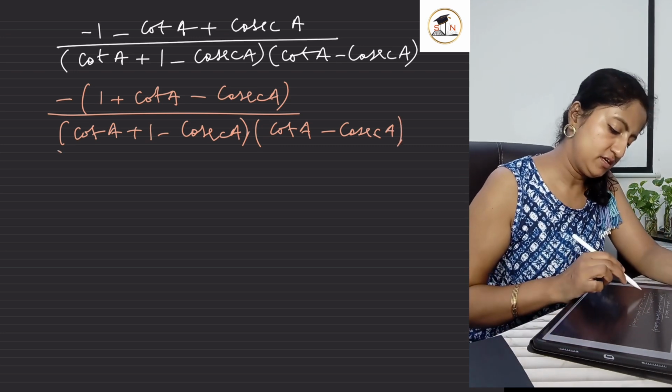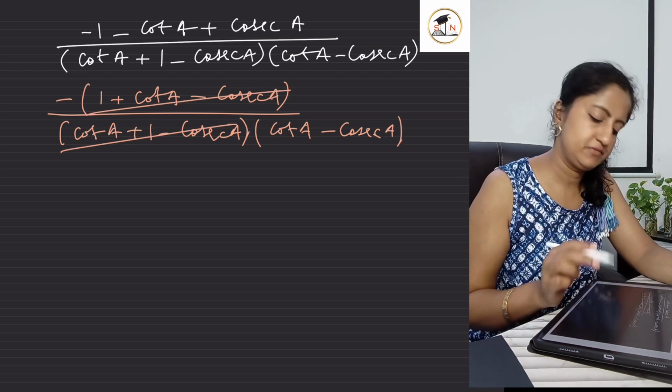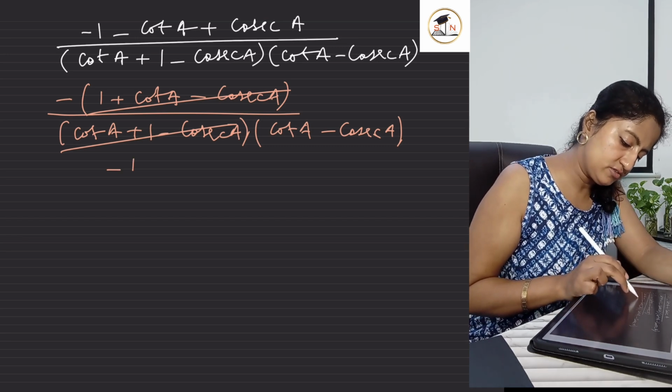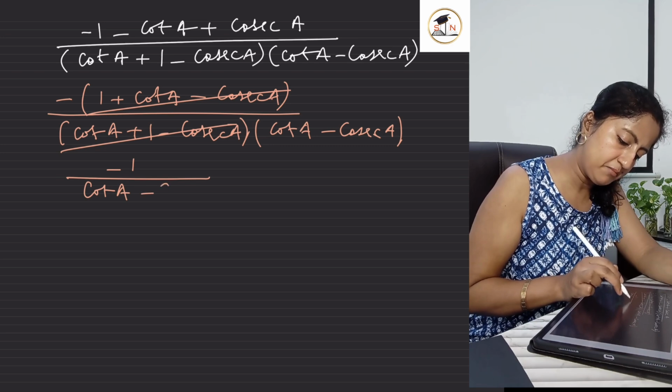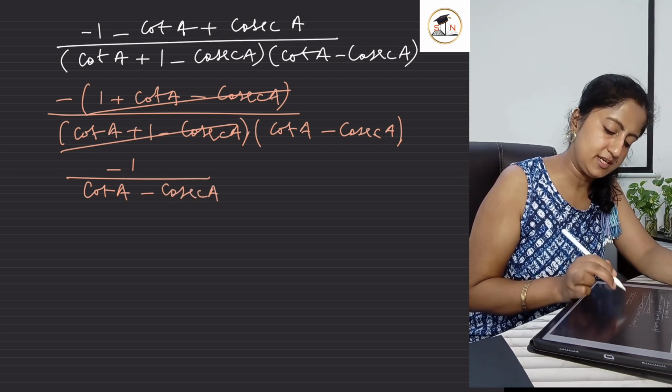Right? Now, the brackets got cancelled. What are we left with? Now, a smaller expression, which is just minus 1 over cot A minus cosec A.